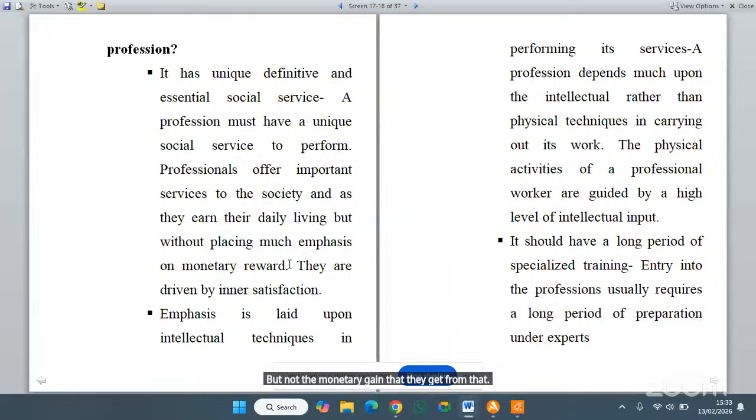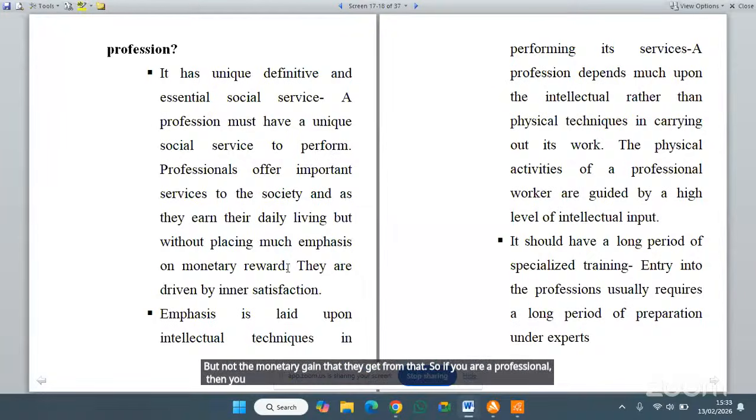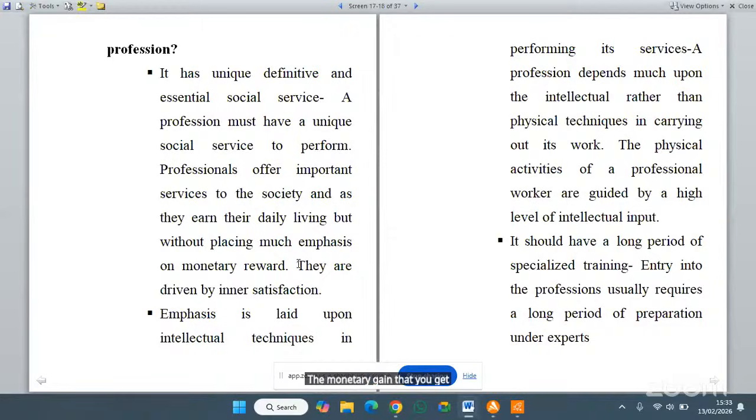So if you are a professional, then you are required to have more emphasis on the service and not the monetary gain that you get from that profession.